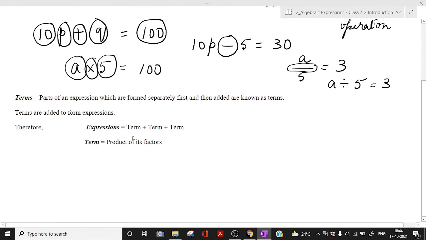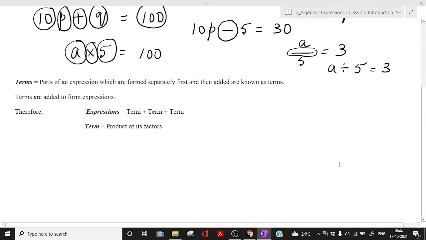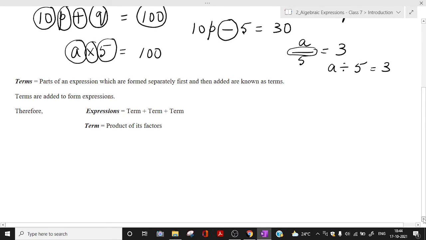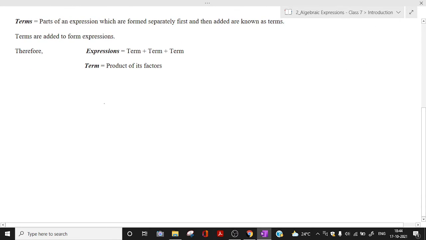Moving ahead, let us talk in terms of terms. Now, what is a term? Parts of an expression which are formed separately first and then added are known as terms. I repeat, parts of an expression, and we already looked into what an expression is, which are formed separately first and then added, are known as terms.